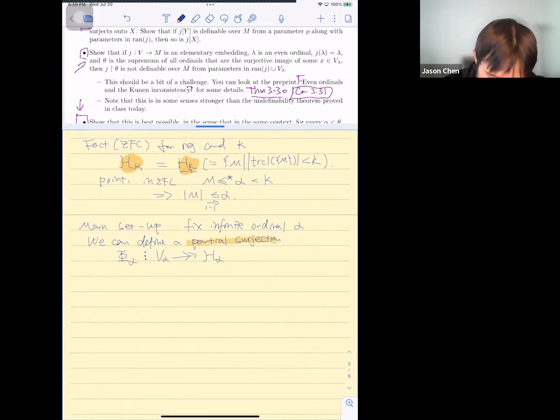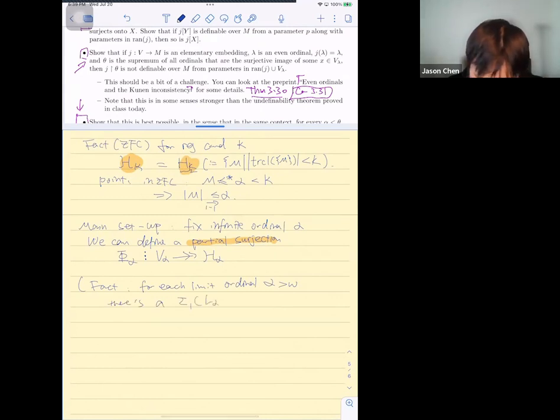Right, so the effect that's useful for fine structure theory is that for each limit ordinal above omega, there is a sigma 1 map with parameter in L alpha from alpha surjecting onto L alpha.